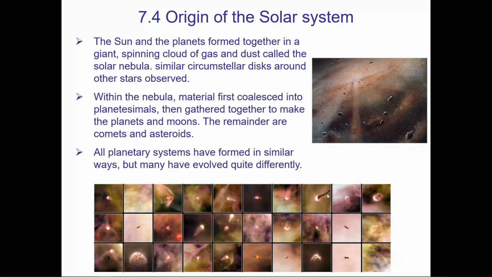At the beginning, it may be a little bit irregular in shape, but as it spins, it becomes a disk shape. Now I want to share with you a video on why an object like a big cloud, which we call the solar nebula, with a fast spin, can become a disk shape.